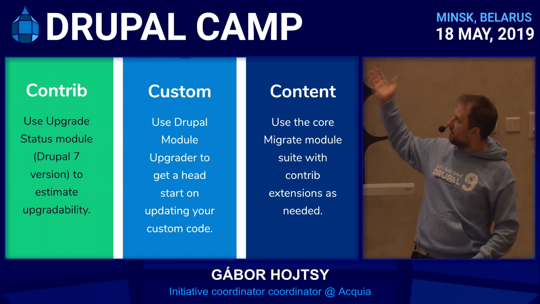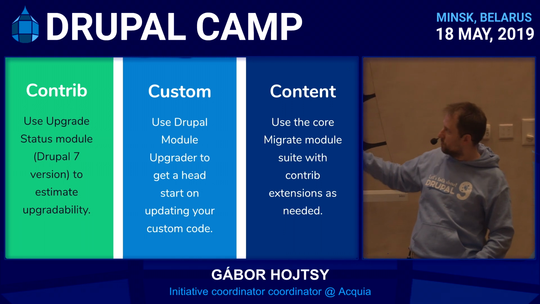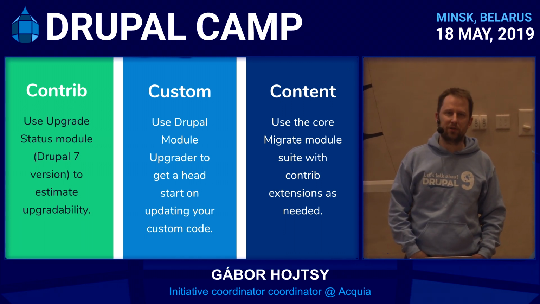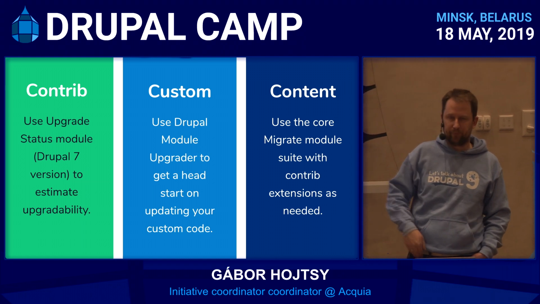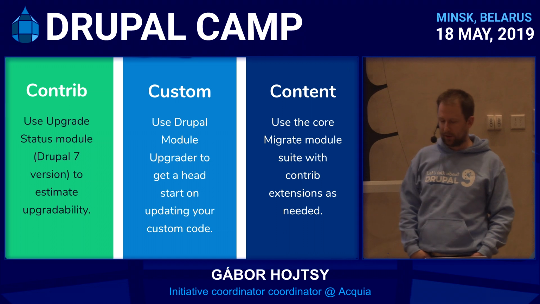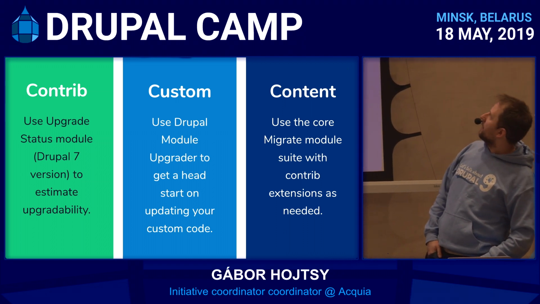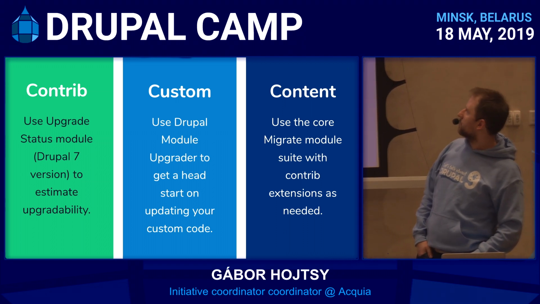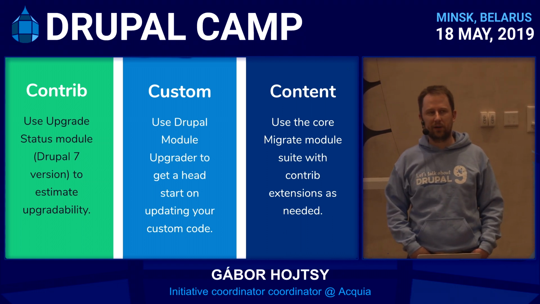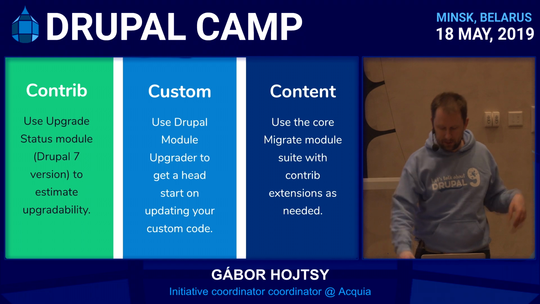For your custom code, you can use the Drupal module upgrader, which also gives you patches, basically automated code update suggestions for your Drupal 7 code based on how you should update to Drupal 8. And for all of your content, the migration module in core is what you should use, and there's a bunch of extensions in Contrib to make it easier and to round it out with additional features.